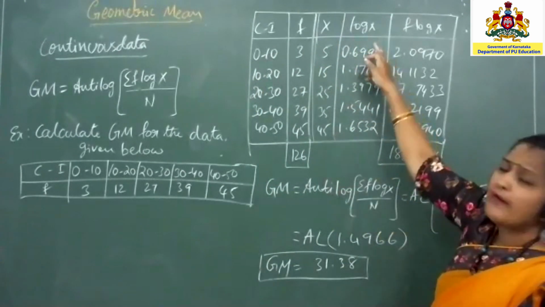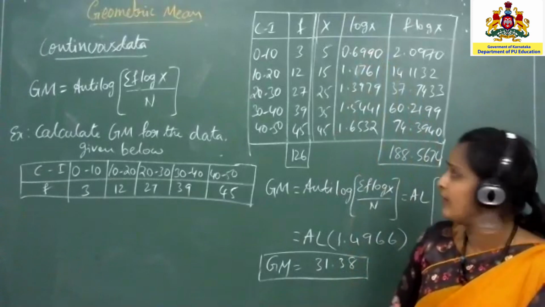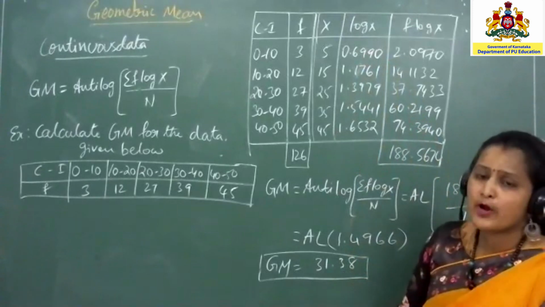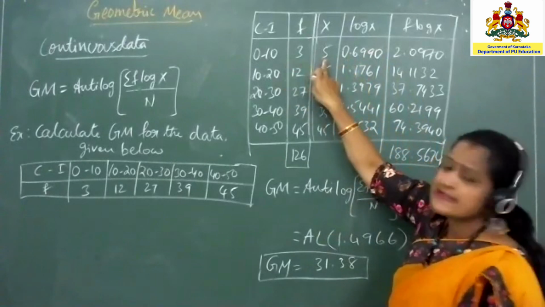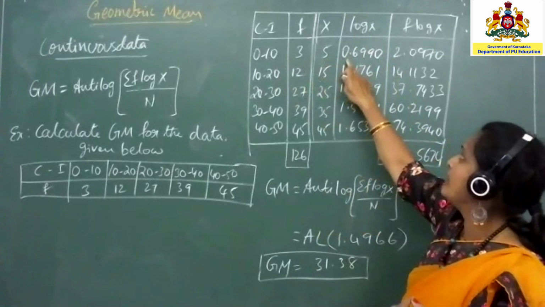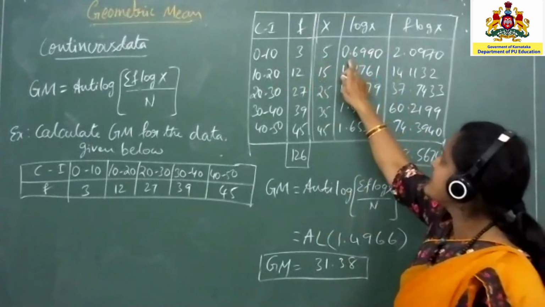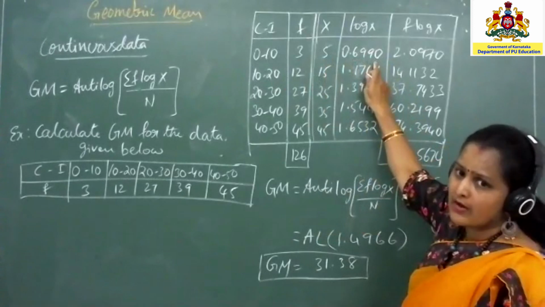Then you need to find log x. Similarly as we did in the last problem in the last class, the same you need to follow. Here x is 5, a single value, so we write 0 point, and you need to check 50 under 0 and write the value from the logarithm tables.